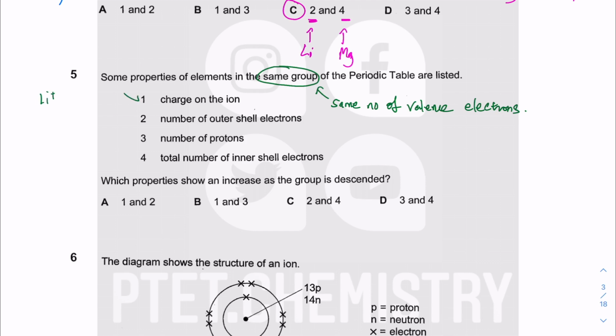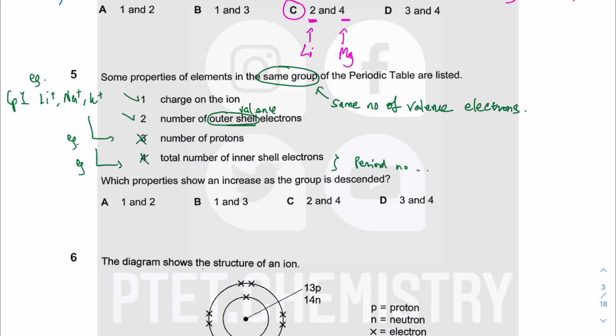Think about Li plus, Na plus, K plus, group 1 example. Okay, number of outer shell electrons, that refers to valence. Outer shell refers to valence, so number of valence electrons means number of outer shell electrons. Number of protons are definitely not the same. Example, not the same. Okay, different elements, different number of protons. Total number of inner shell electrons, again, not the same because this depends on period number.